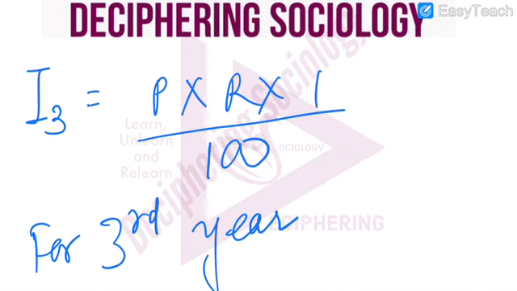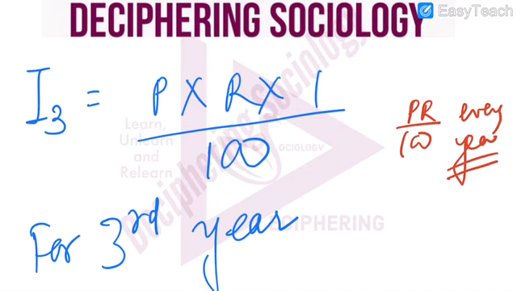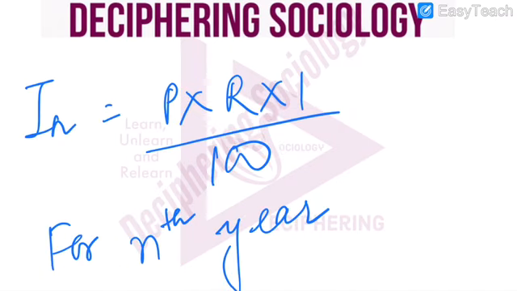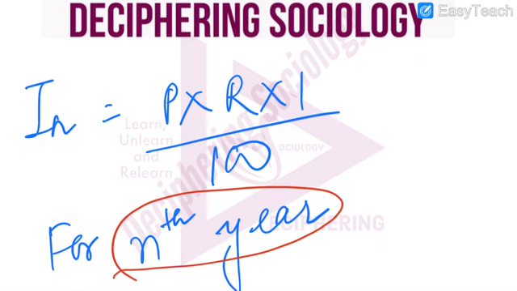So you can see that the simple interest value is constant for every year because we are taking time as 1 year. Now if we calculate this amount for the nth year, then the value will again be the same. The interest for the nth year will be P into R into 1 by 100.